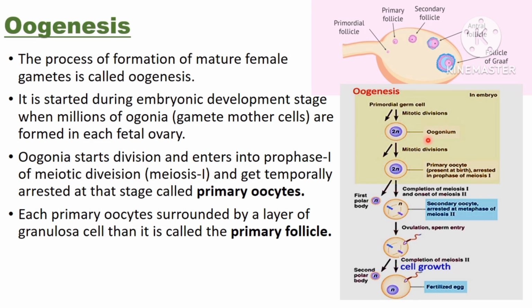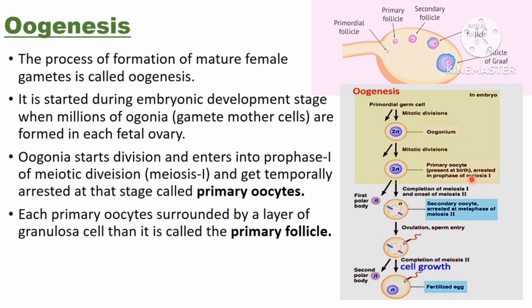Oogonia are the female germ cells that undergo mitosis to increase in number and form primary oocytes. Primary oocytes get arrested when they enter meiosis 1 at prophase 1 before birth. Primary oocytes present at birth are arrested in prophase 1 of meiosis 1.